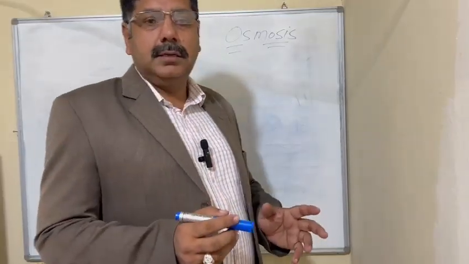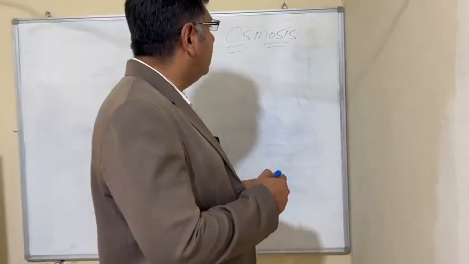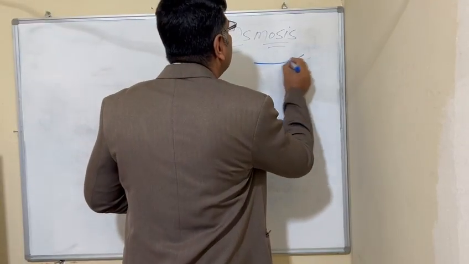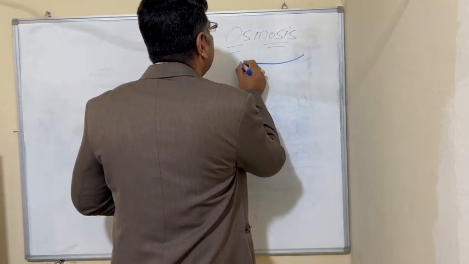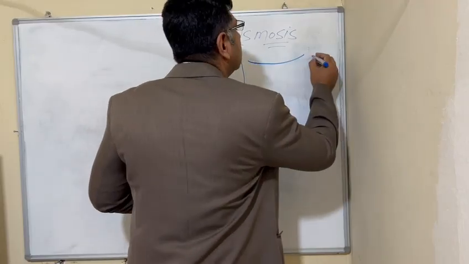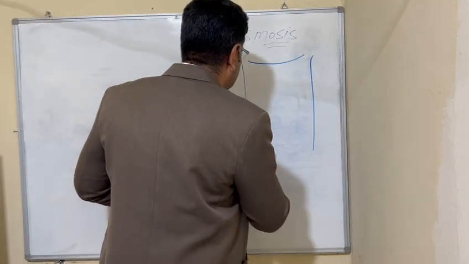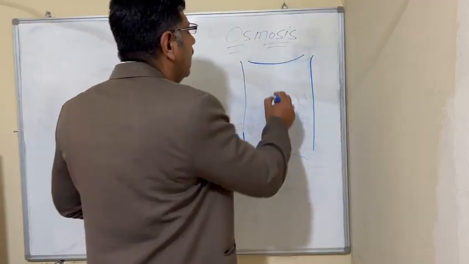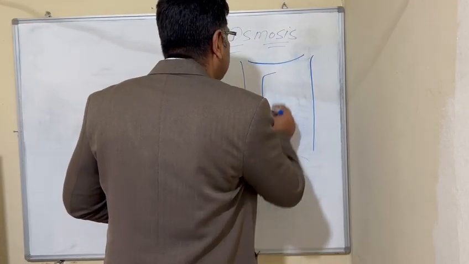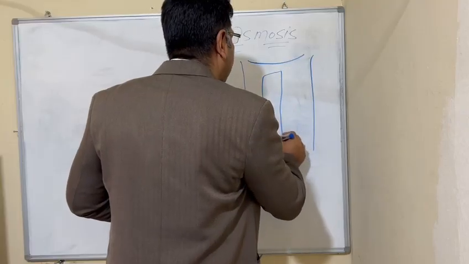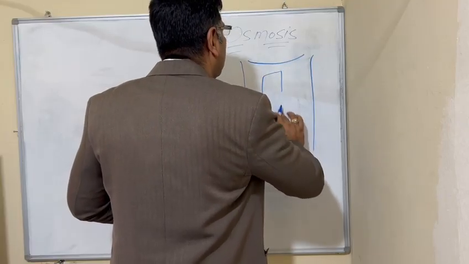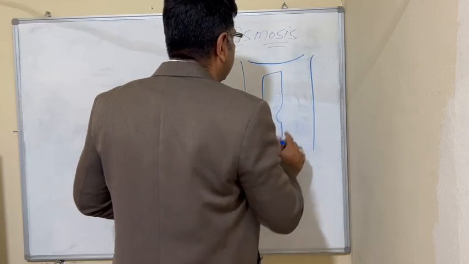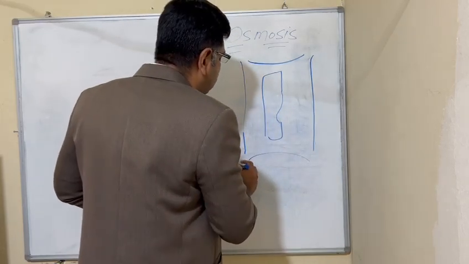Lastly, osmosis is very essential for plant cells. Why is it needed? In a plant cell there is a central vacuole. This larger central vacuole needs water.